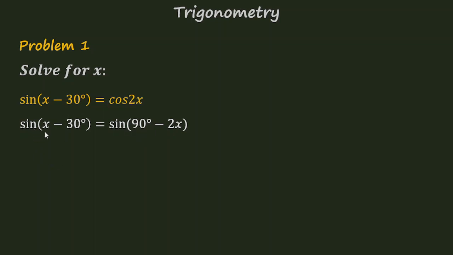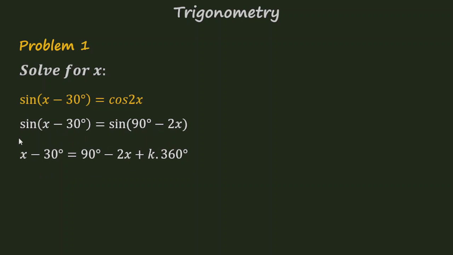But if sine of x minus 30 degrees equals sine of 90 degrees minus 2x, that simply tells us that these angles must be equal. We can drop off the sine and only take the angles because they are equal. The only way that the sine of these can be equal to the sine of that is when the angles are equal.